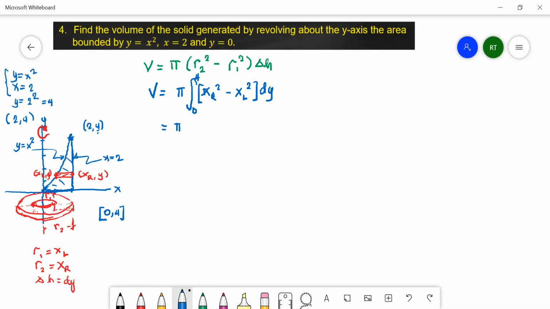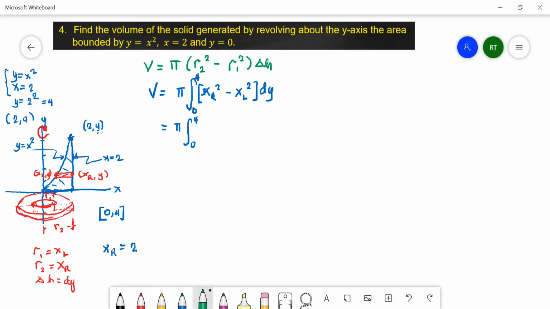And if we will substitute the value of x sub r, of course, x sub r is determined by the line x is equal to 2. And x sub l, rather, is determined by the parabola y is equal to x squared.